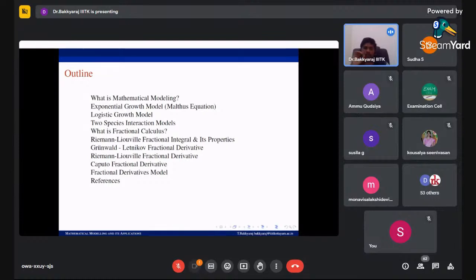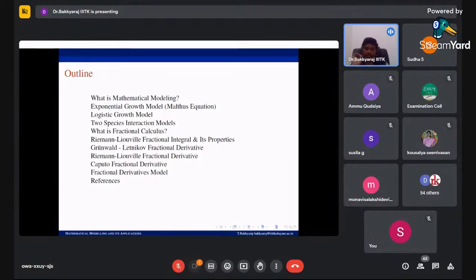So we will focus on one or two particular models in mathematical biology, and then, if time permits, I will introduce the new notion, that is fractional calculus and the basic fractional derivatives, and what the modeling is in the fractional derivative aspect as well.